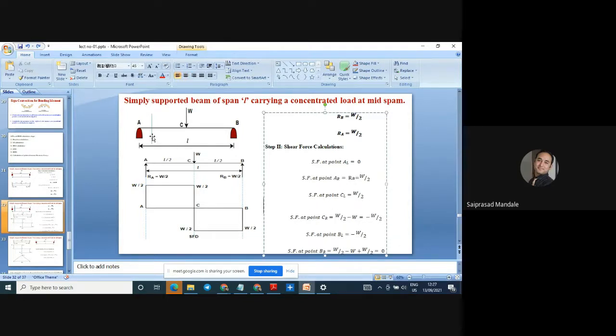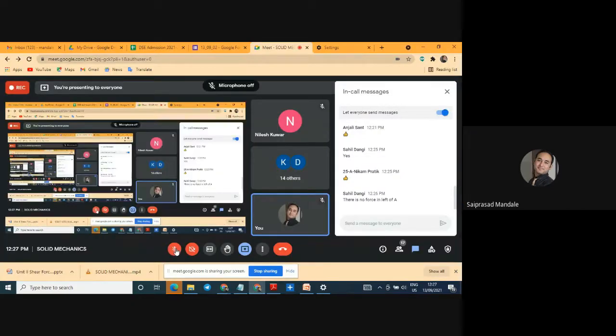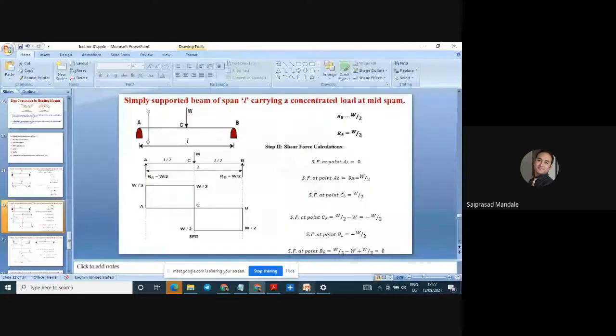Try to focus on this section. I am repeating. What I have done left to the A is clear to everybody. I have drawn a section at the right side of the A and written right to the A. That means, what are the different forces acting on the left hand side?